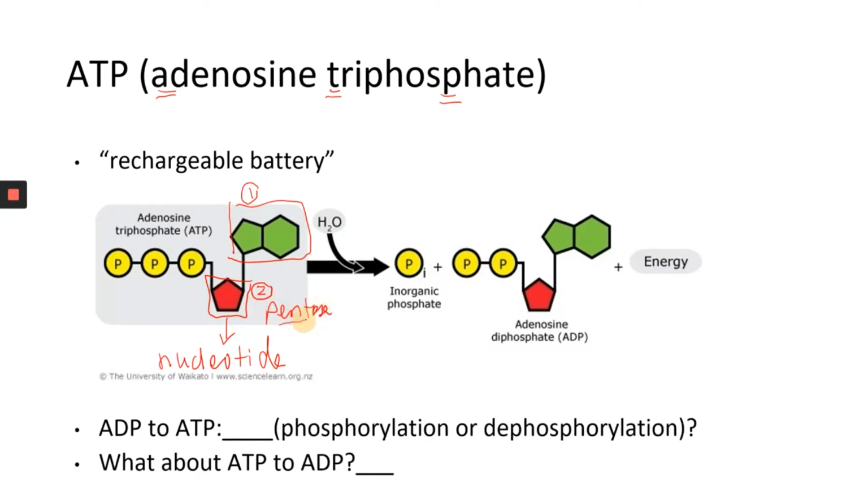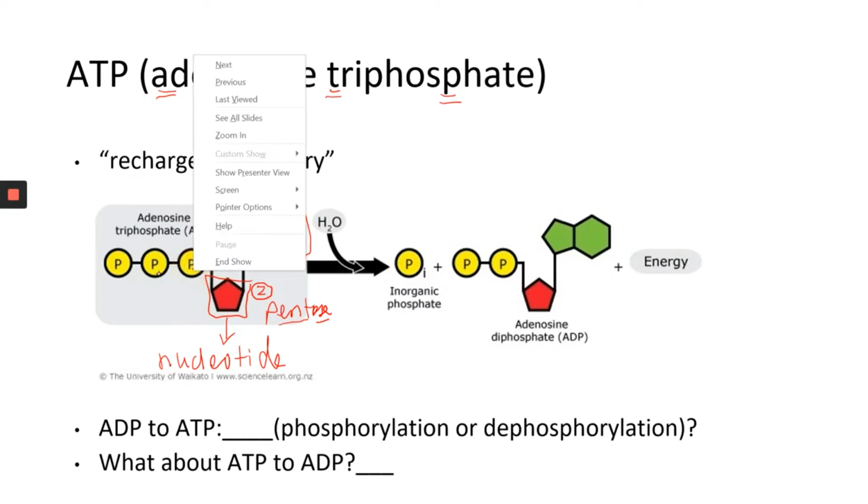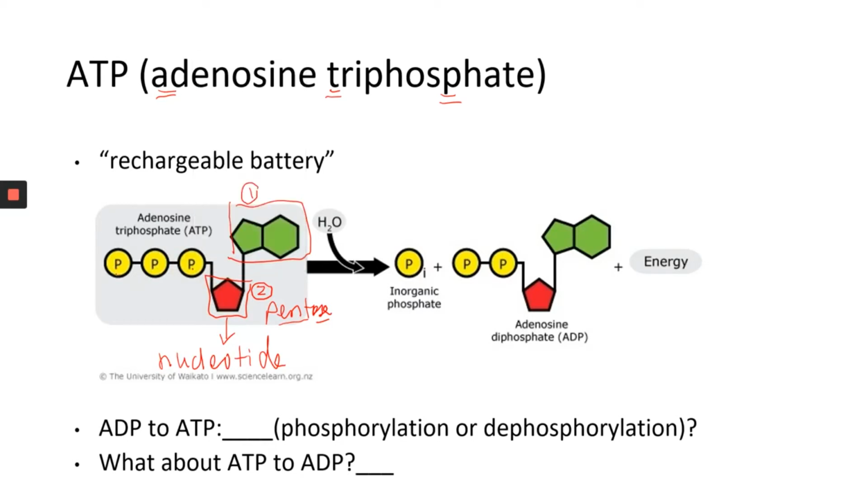Remember, this means 5-carbon sugar. And then the last component for a nucleotide is usually a phosphate group. So it could be 1, that would be monophosphate, 2, diphosphate, 3, that means triphosphate. Now, adenosine.